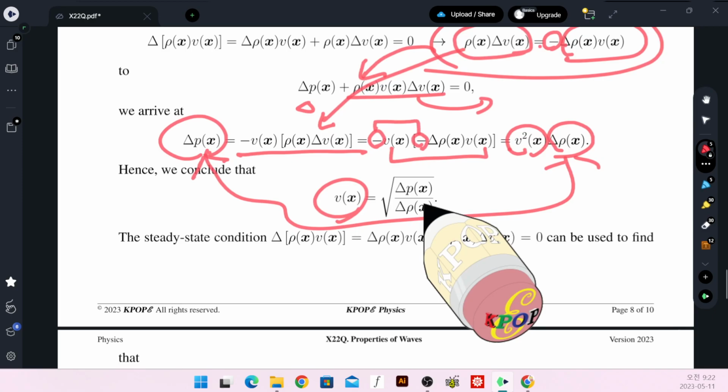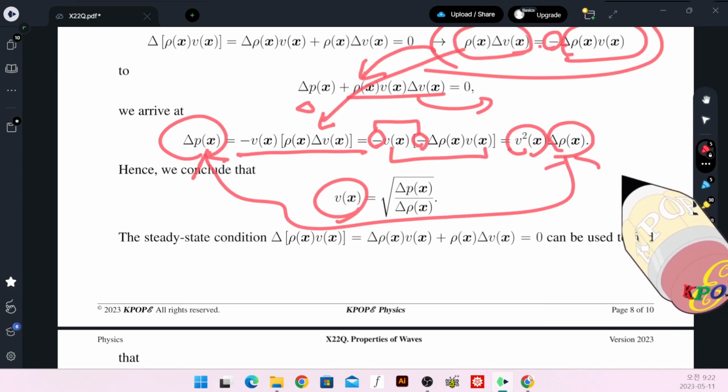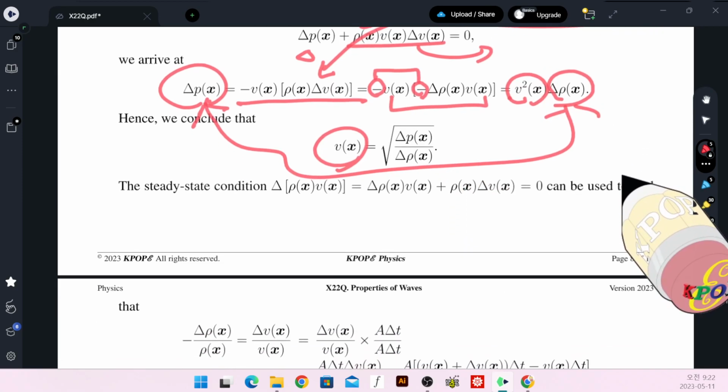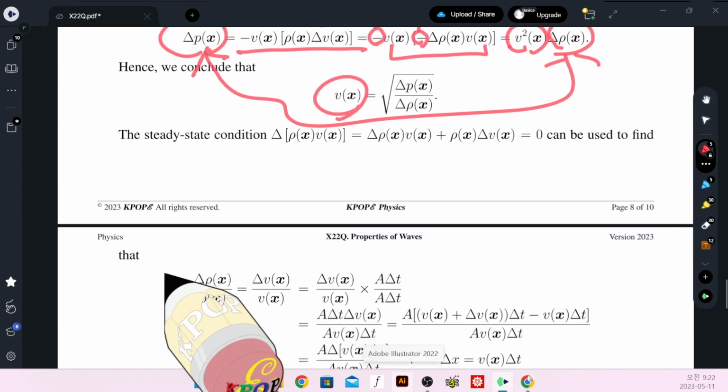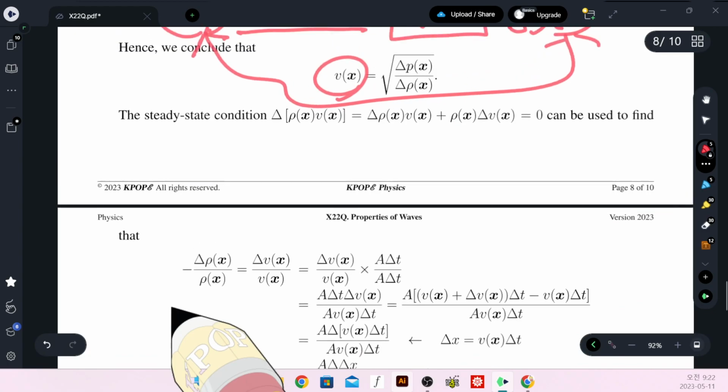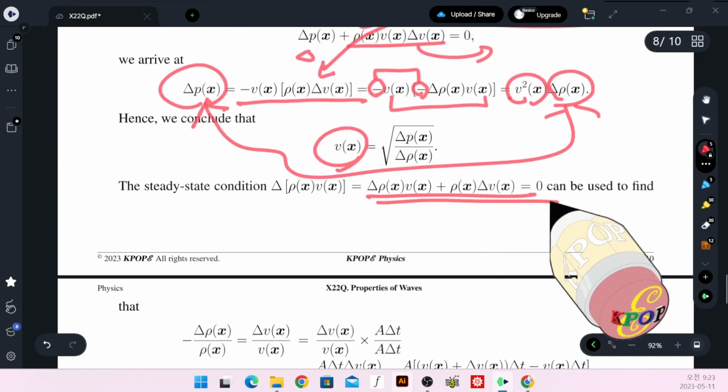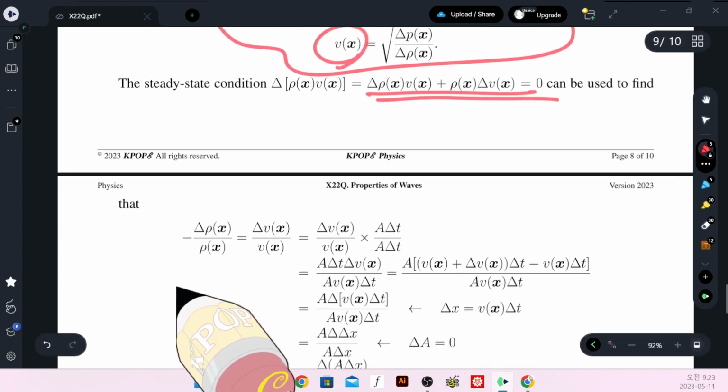They are parallel. The steady state condition can be used to find additional relations. This one was already used, but in reverse, one more time we can use it.